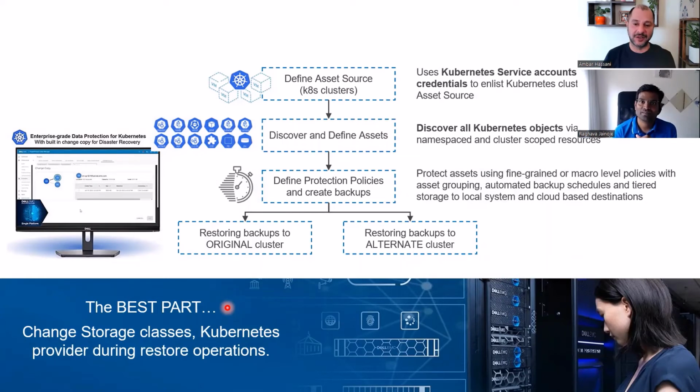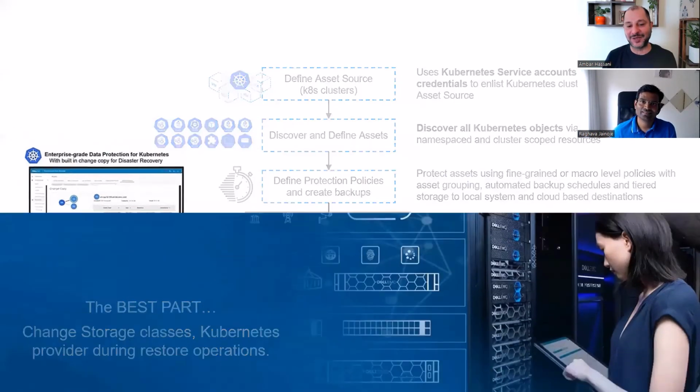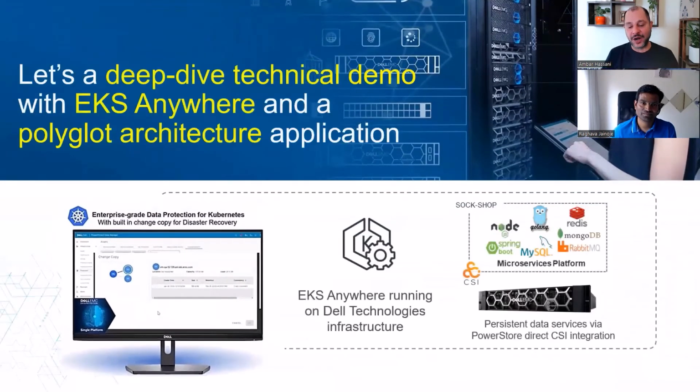Got it. So thanks, Raghav. I think that's a very interesting peek into what we are about to explore. Specifically, we will do a demo of sorts, taking EKS Anywhere as a reference use case. Again, like Raghav mentioned, PowerProtect Data Manager is not limited to a particular Kubernetes distribution.